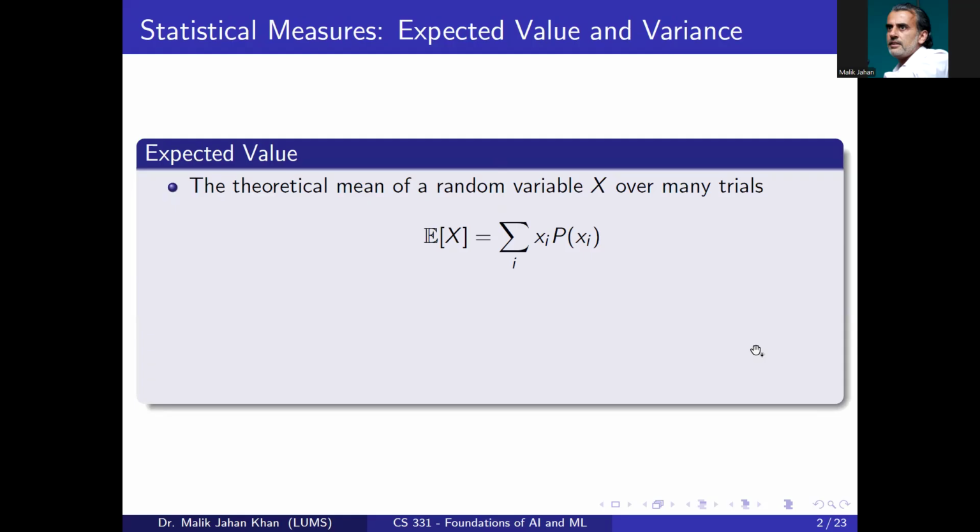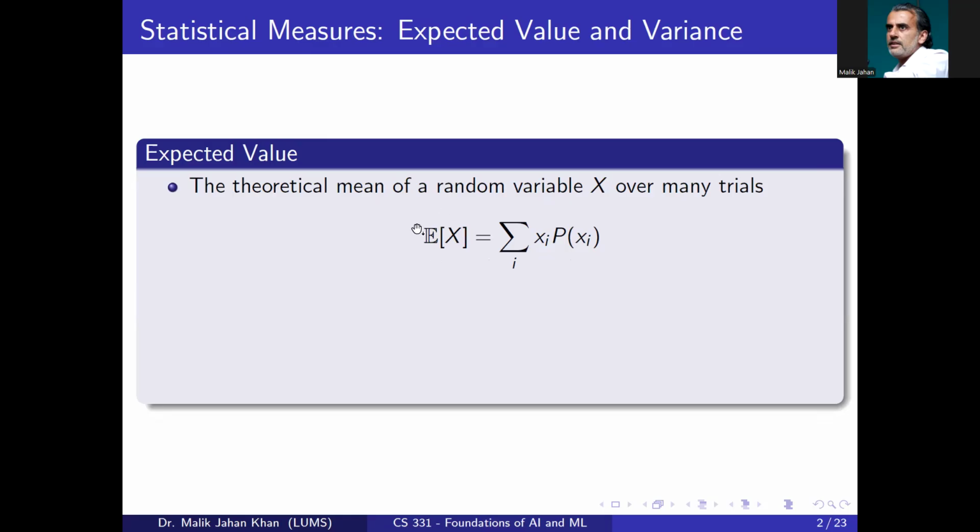And expected value is computed formally as a sum over all i's. Xi is the value of that particular random variable, and the probability of that random variable attaining value xi, they get multiplied, and we keep on multiplying them over all possible i's, and that gives us the average value of x or expected value of x.